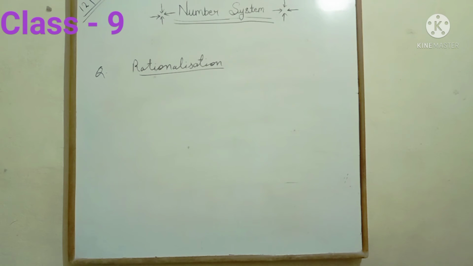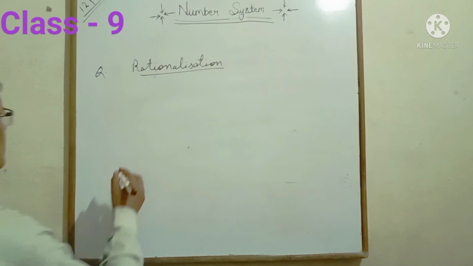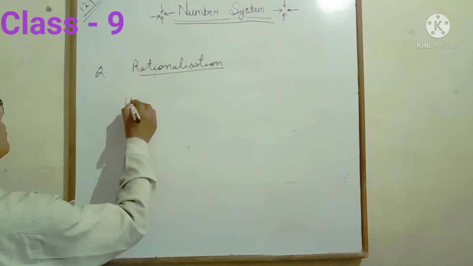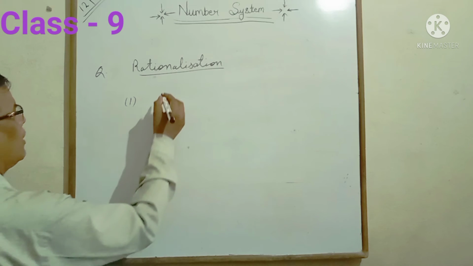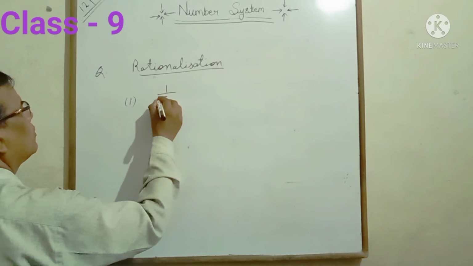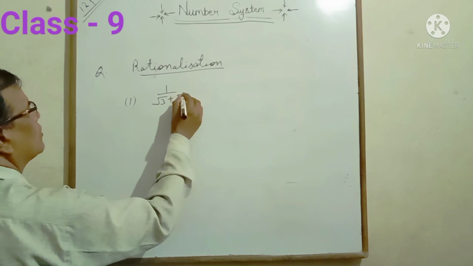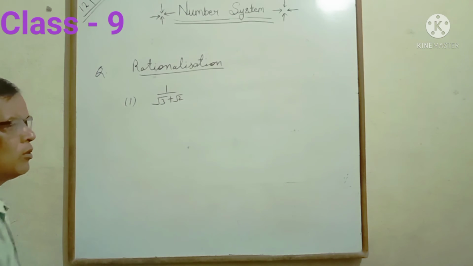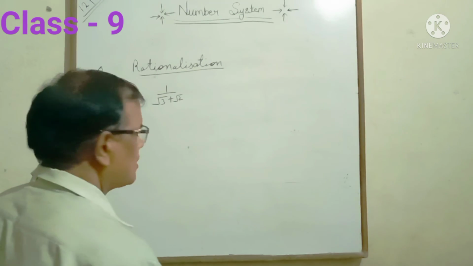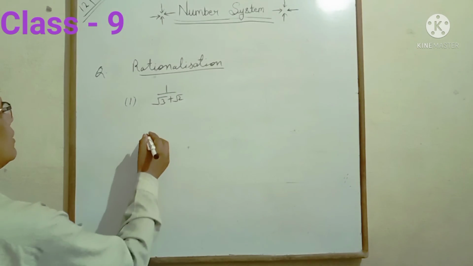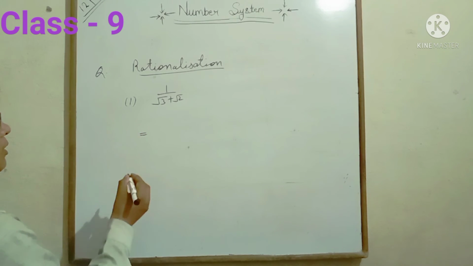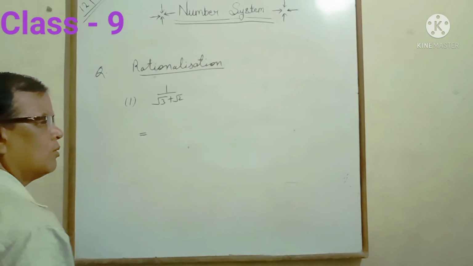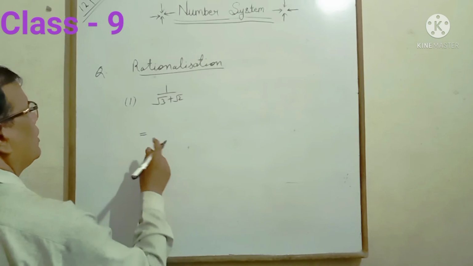Next, now we explain how we rationalize irrational numbers. As question number 1, here 1 by root 3 plus root 2. We want to rationalize it. Rationalize means we rationalize the denominator only. There should not be a root sign.